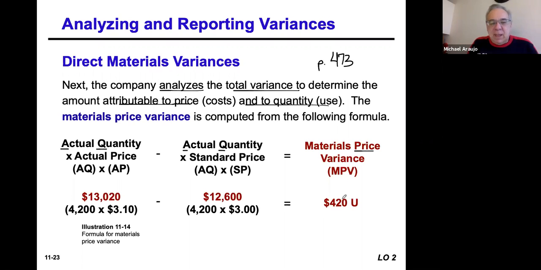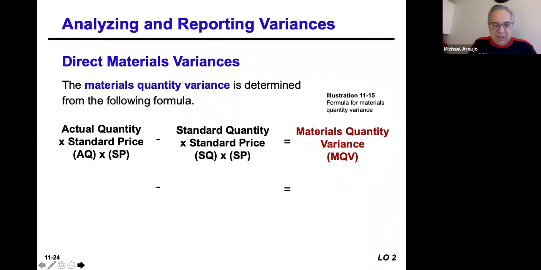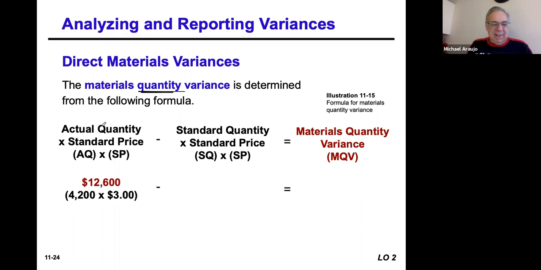Of that variance, the price made up $420 unfavorable. But what about the quantity? Remember, we were only expecting to use a certain amount. We actually used more. If you compare the actual quantity with what we were expecting, the standard quantity, you're going to come up with the difference.